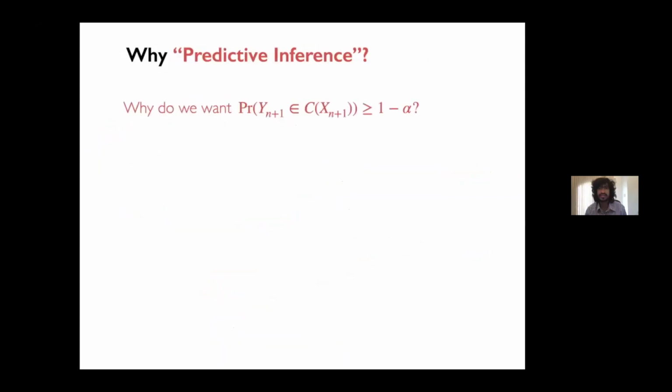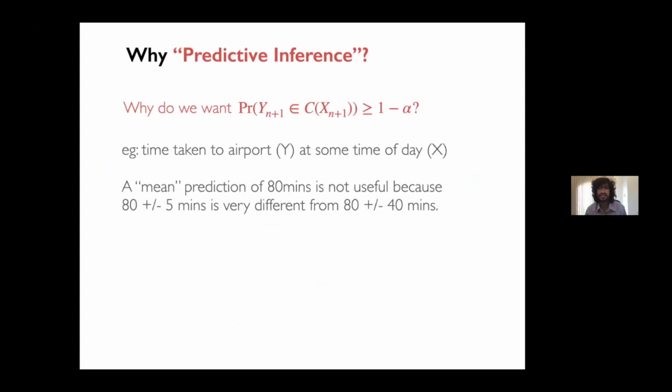So why do we care about predictive inference? Why would we want a guarantee like the kind I've mentioned? Here's a simple example. Let's say that y is the time taken to get to the airport, and the covariates are the time of the day, maybe the weather, things of that kind. If I just give you a point prediction, or I'm trying to predict the conditional mean, and I give a prediction of 80 minutes, it's not very useful, because 80 plus or minus 5 minutes is very different from 80 plus or minus 40 minutes.